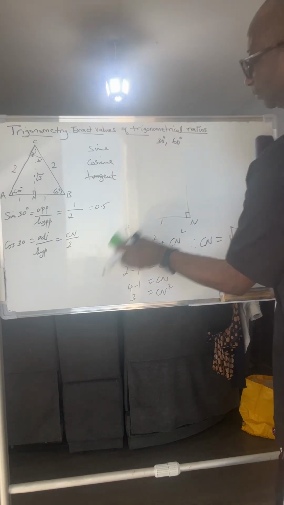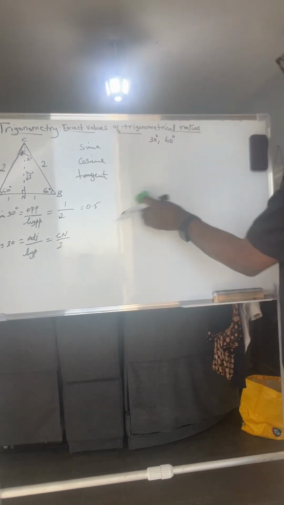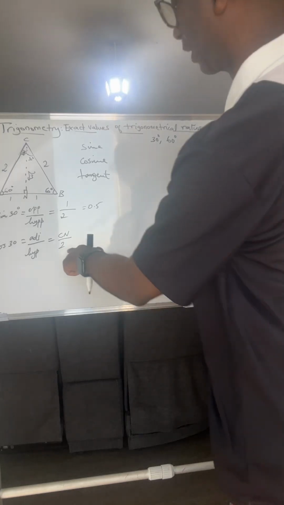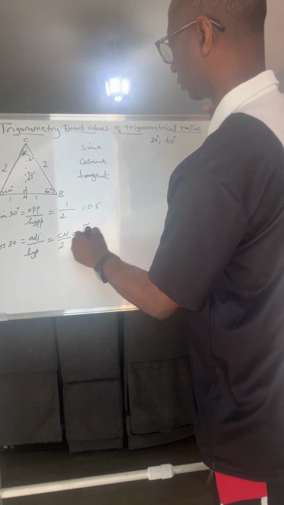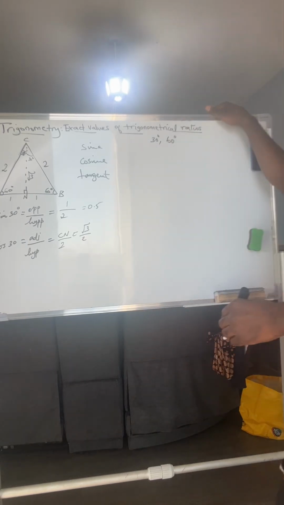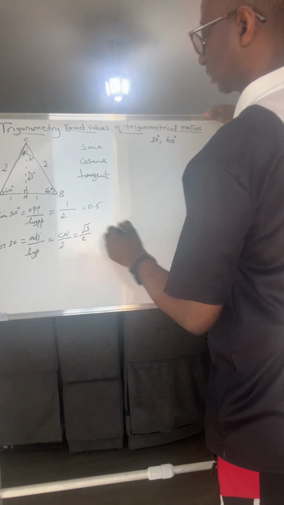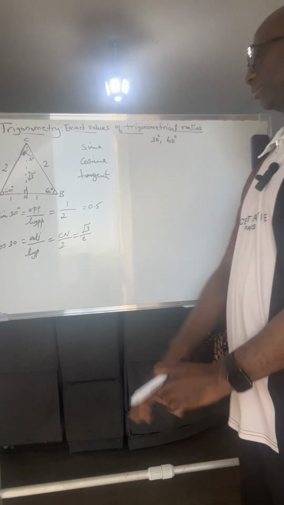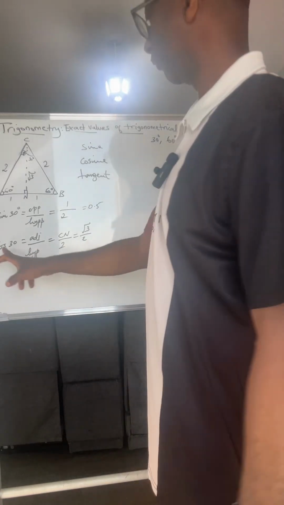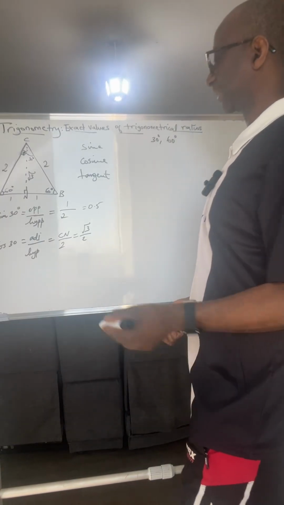Right? So if that is the case, we now have CN, which is root 3 all over 2. So that is the value of cos 30. So what about tan 30?